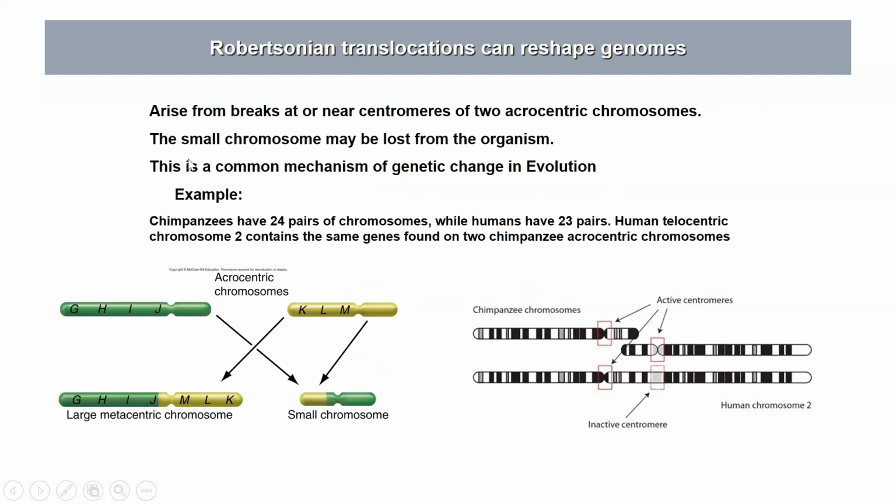Now there is one specific type of translocation that's not exactly a reciprocal translocation, and this is called a Robertsonian translocation. This arises from translocation between two acrocentric chromosomes.